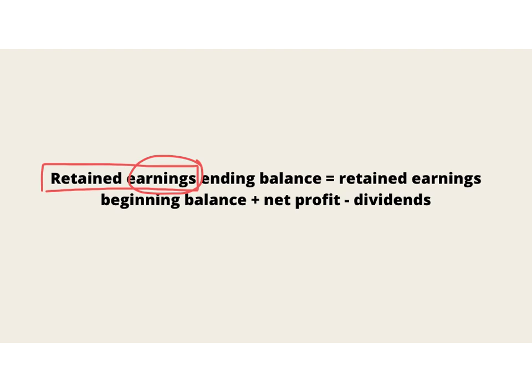You start with your retained earnings beginning balance and you add the net profit that you have just calculated, and then you minus the dividends, which are the profits that have been distributed to your shareholders or owners. This is the second calculation.